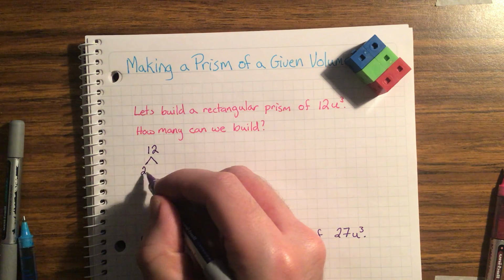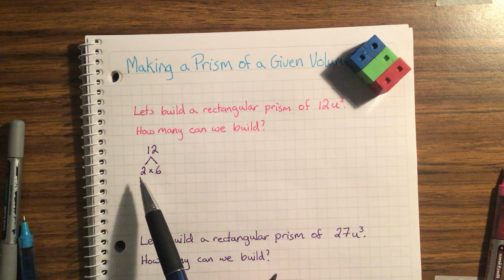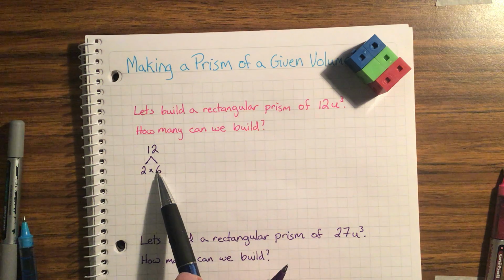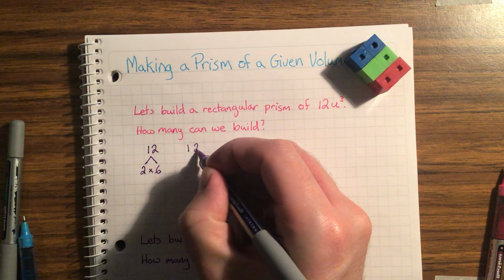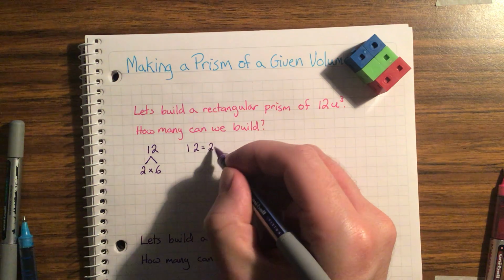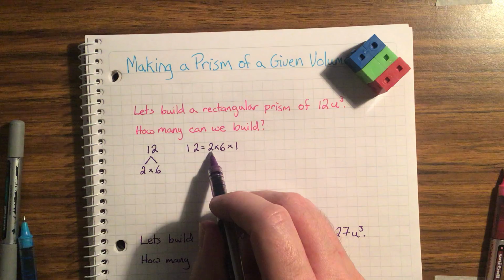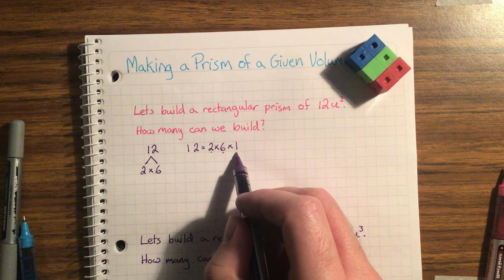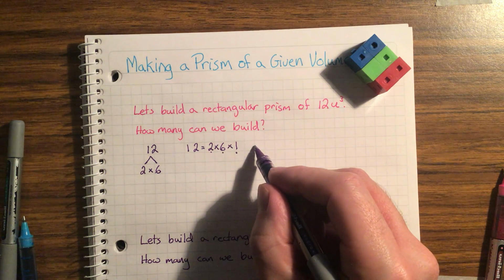Let's do 2 times 6. Now right here, I can make a rectangular prism using the 2 and the 6, because I know that 12 is equal to 2 times 6 times 1. That would give me my length, my width, and my height. So I'm just going to sketch out that rectangular prism.